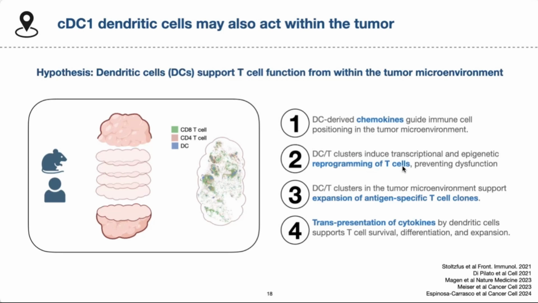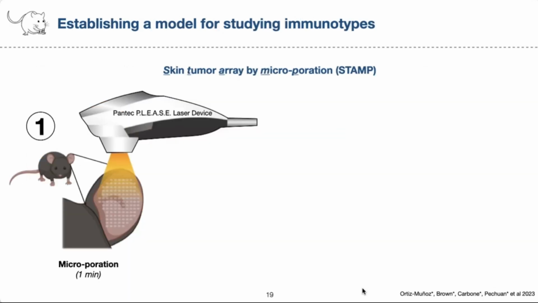Or they may support local T cell proliferation or cytokine production through costimulatory signaling. However, most of the work studying these possibilities has relied on static histology or transcriptomics, offering only a snapshot rather than a dynamic view of the role of dendritic cells.